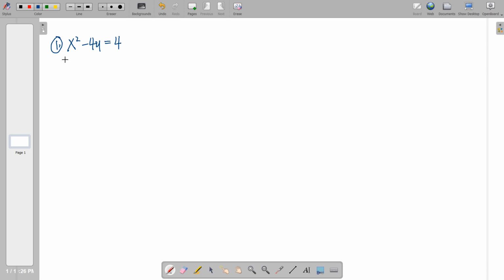Say we have here number 1, x squared minus 4y is equal to 4. Our task here is to find y prime. So we'll just have to differentiate each side, the left hand side and the right hand side of the equation, applying d over dx. Remember that x here is the independent variable.